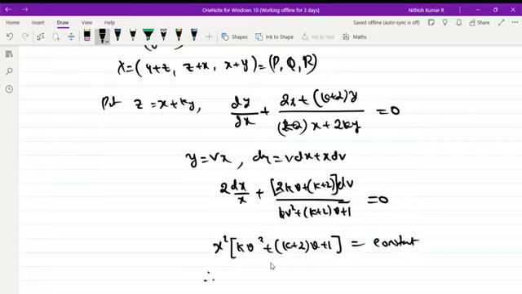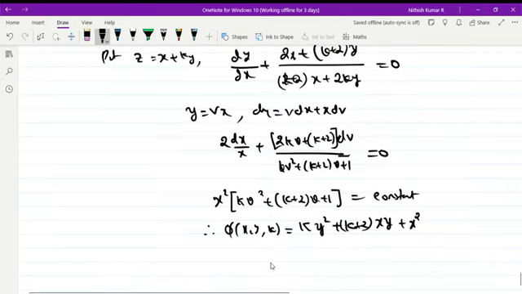Therefore my solution phi(x, y, k) will be equal to ky^2 + (k + 2)xy + x^2.